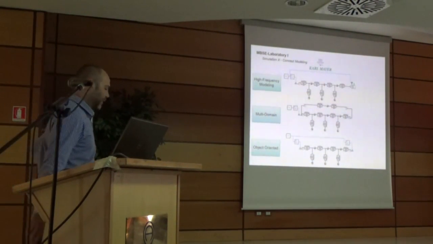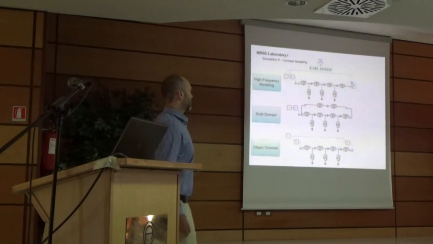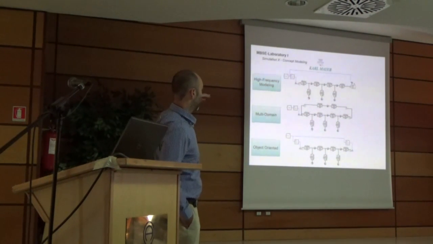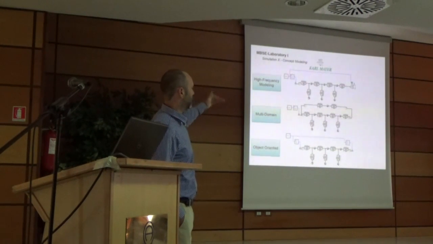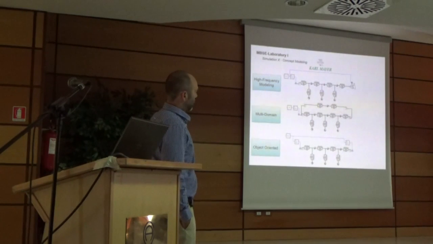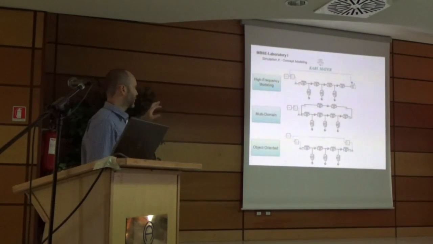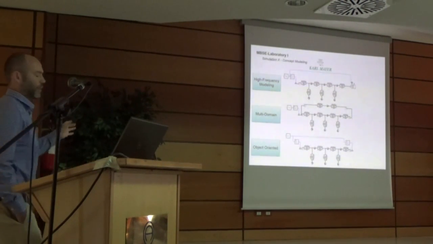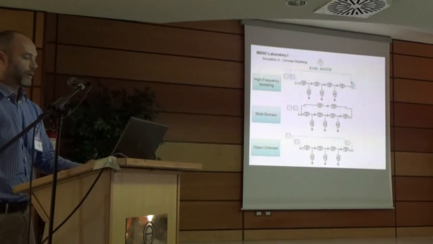The simulation was done using a tool called SimulationX, and they prototyped and simulated these three concepts. They used high-frequency modeling. It was a multi-domain, multidisciplinary simulation, and they implemented it in an object-oriented way.